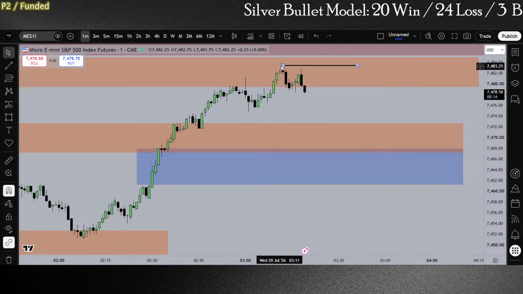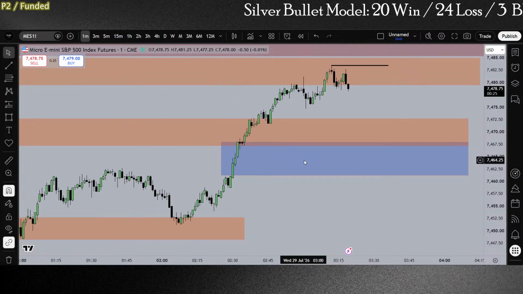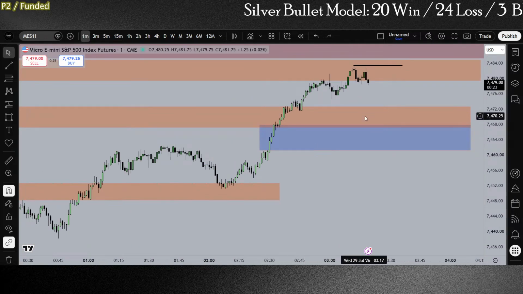So now we placed some kind of relative equal highs here. I like to see that. And I would love to see a measure of retracement lower into those discount arrays here.